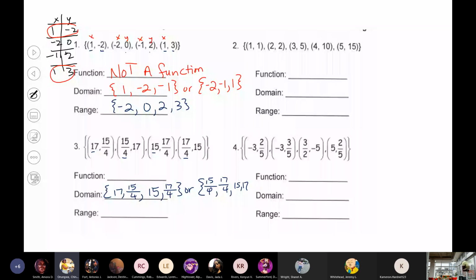All I'm doing is writing it from least to greatest. And your range is just your second number, okay? Your range is just your y coordinates, the set of your y coordinates.